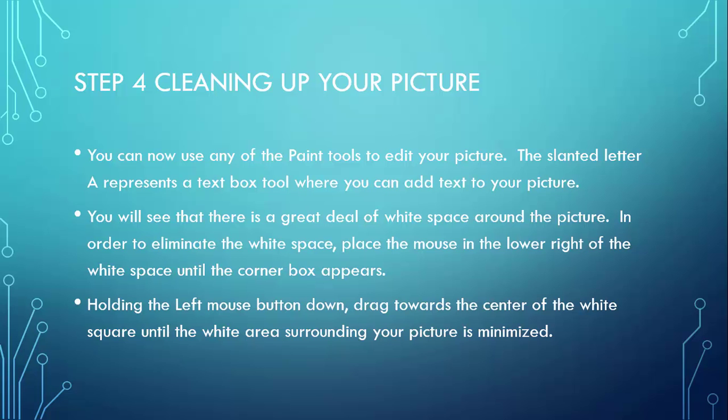Now you can use any of the Paint tools to edit and clean up your pictures. You can add some text to my page if I wanted to using the text box tool. There's a great deal of space around the picture, so I want to clean it up. If I want to remove the areas that I don't want, again, I can crop again, or I can use the left mouse button around the white area until I see four little boxes.